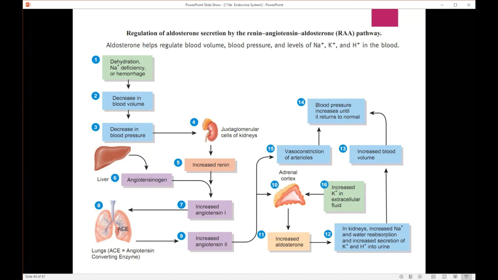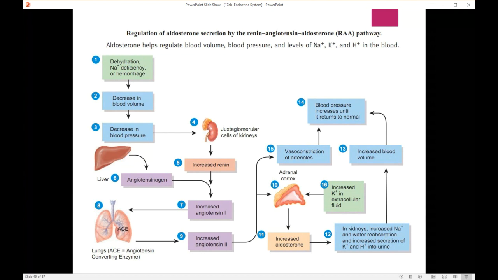Now, when the renin comes into contact with that angiotensinogen, it's going to cleave it into angiotensin 1, or ANG1, we often call it. Now, that's going to travel to our lungs. Our lungs have an enzyme within them called angiotensin converting enzyme, or ACE.